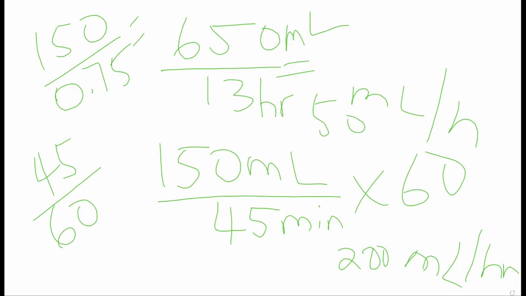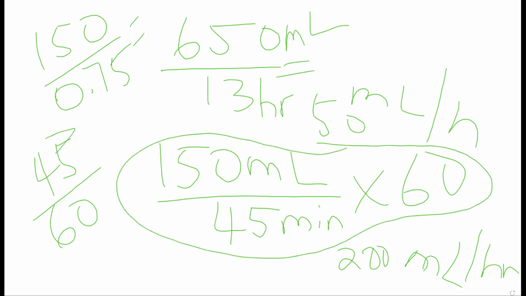But this just saves you a step, because you can do it all right here. Otherwise, you have to do this math, convert what it is, and then take your hourly rate over that. All right?